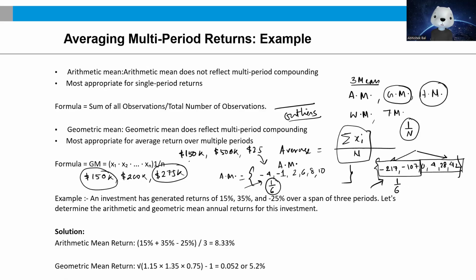But we already talked about the limitation of the arithmetic average when we deal with extreme outliers, and that is precisely where the harmonic mean does its job fantastically. Systematically, it awards lesser weight to those extreme outliers. If we take this particular distribution, starting with negative 217, followed by negative 107, 0, 28 and 42, the harmonic mean is going to give a weight of 1 by 217 to the first data point, 1 by 107 as the weight to the next data point.